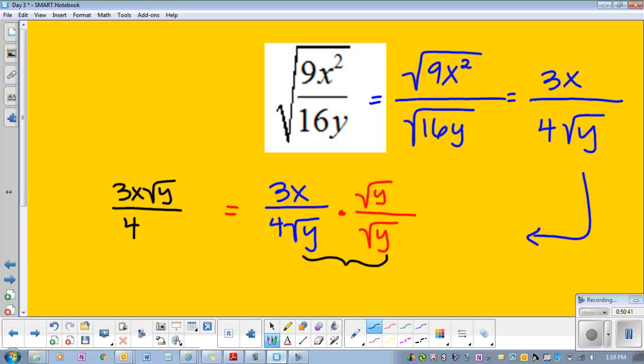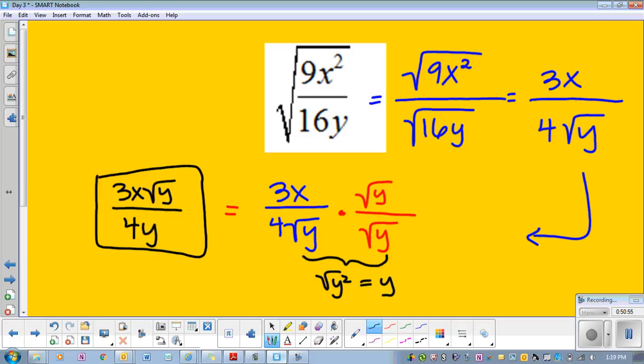Root y squared. So what is the square root of y times the square root of y? Square root of y squared, which equals y. Just y. I can't simplify this anymore. So if you're doing two square roots multiplying each other and they're the same thing, the radical goes away and you end up with just whatever was inside.